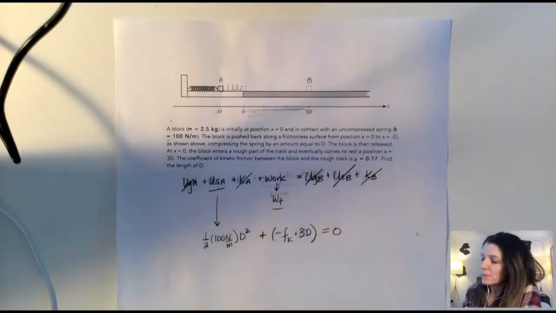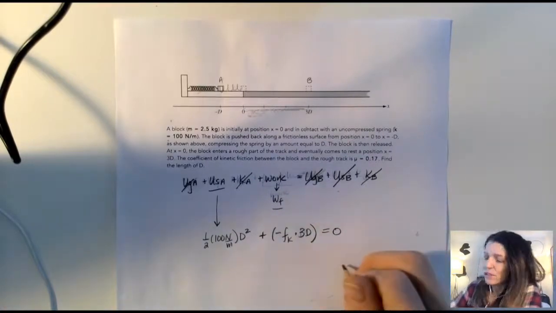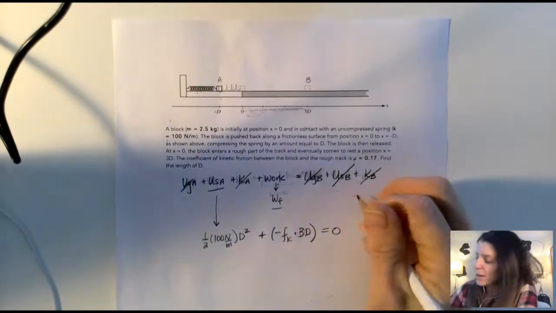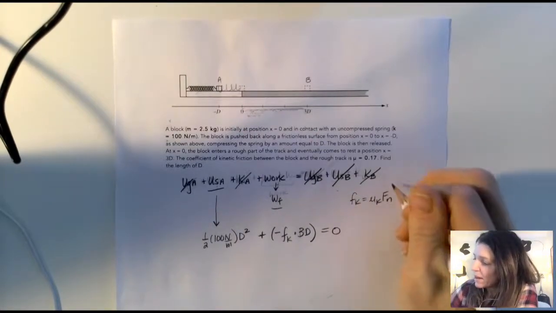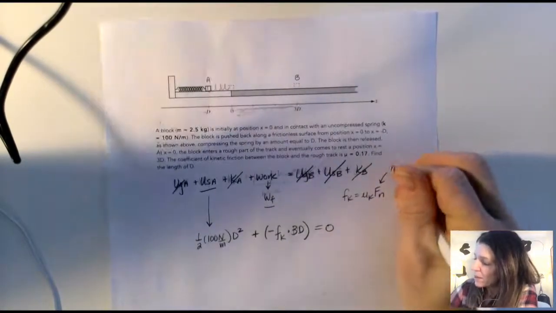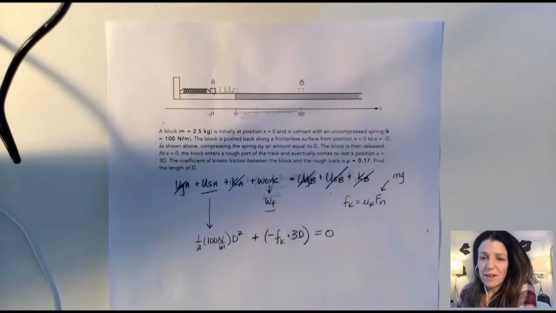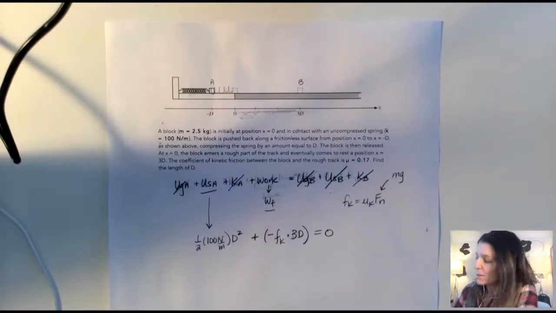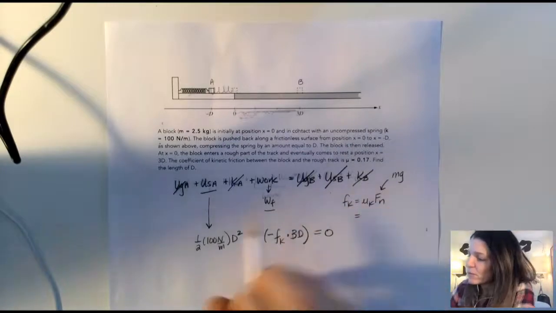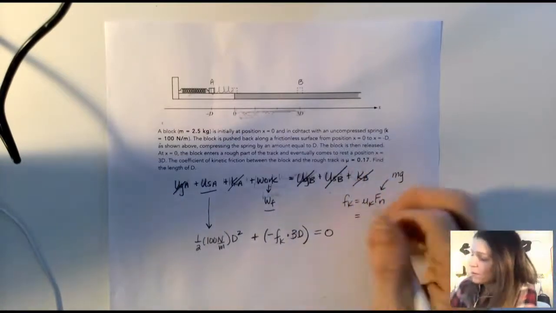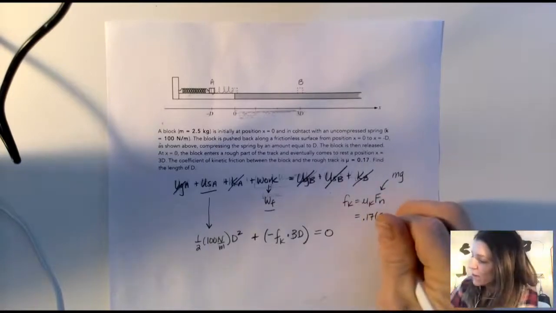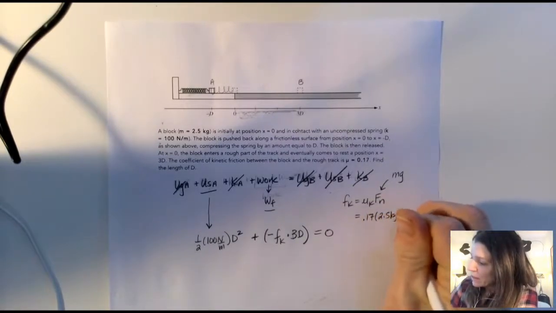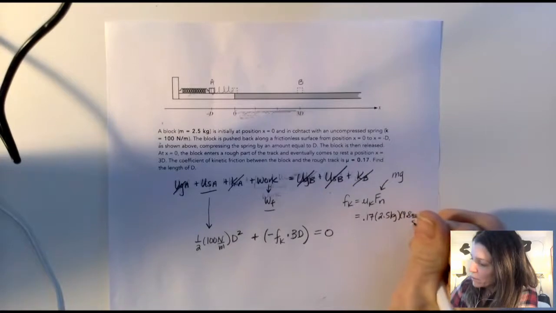And even though we don't know it, we can just put it in, and then we set that equal to 0. And so let's calculate the frictional force over here on the side right now. So we know Fk, it's flat ground, is mu k Fn, and we know that Fn is equal to the weight because it's on flat ground and in vertical equilibrium. And so our frictional force should be 0.17 times the weight, which is 2.5 kilograms times 9.8 meters per second squared.